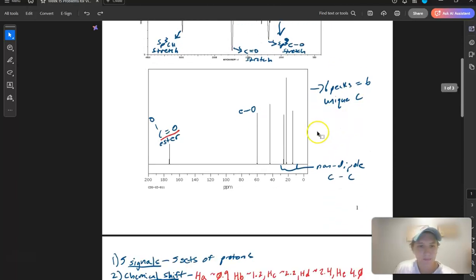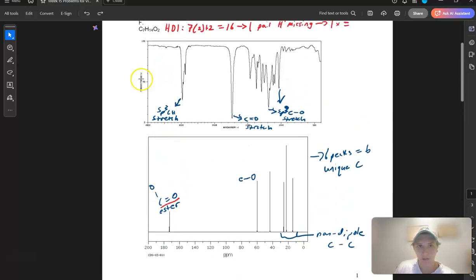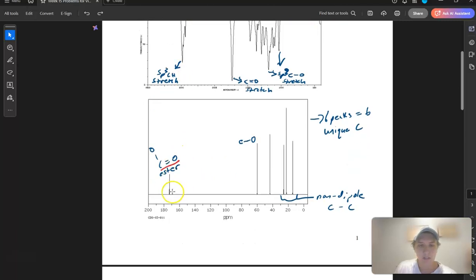So right here, immediately, between the 160 and 190 site for carbonyl, we have a signal for ester, amide, or acid. Like we said earlier, we don't see any OH stretches, so it doesn't look like we have an acid.